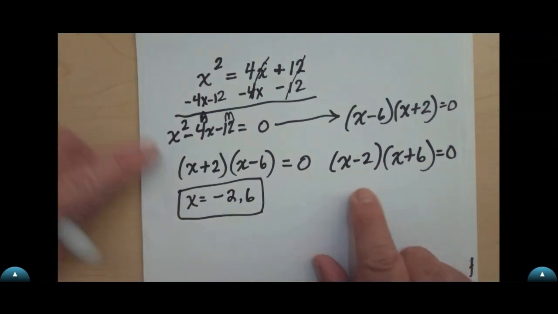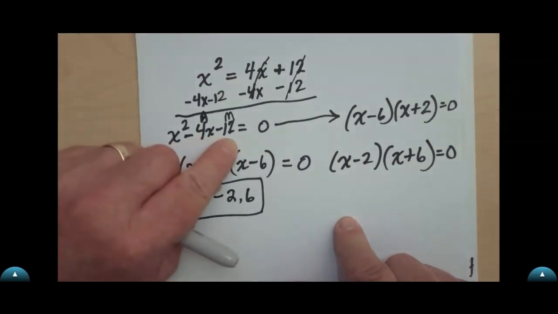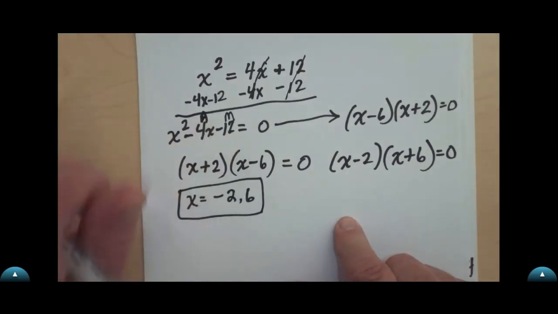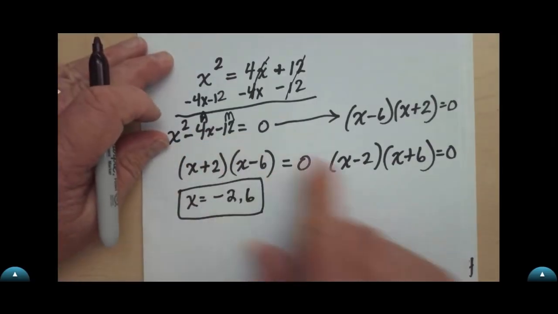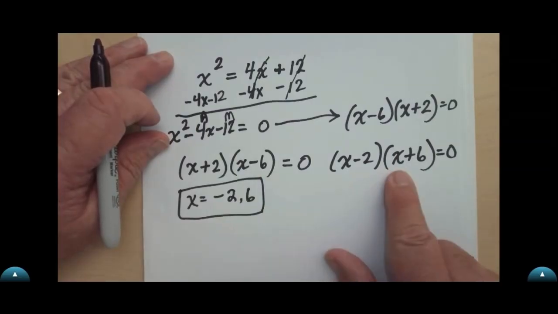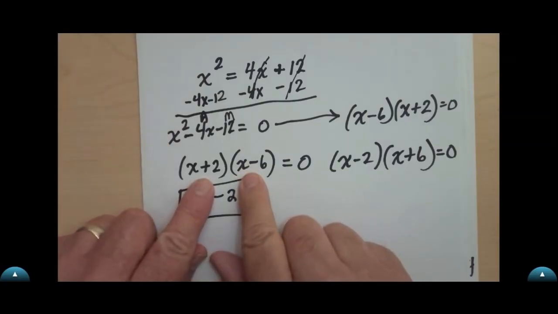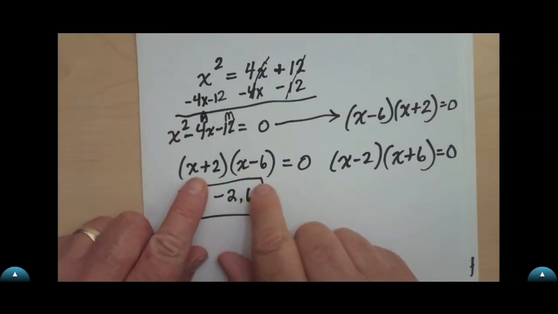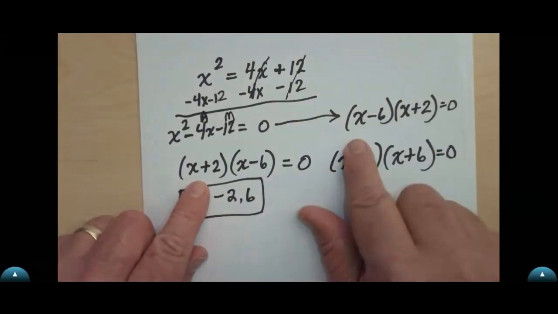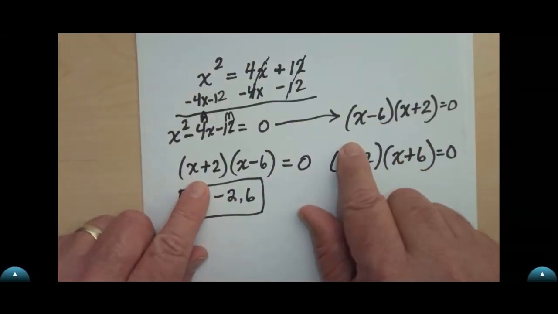That's the correct way to factor x squared plus 4x minus 12. And if you factored it this way, you'd get +2 and -6 for your solutions, right? But those aren't the solutions. It's -2 and +6. So the point I'm making is the signs here really matter, but which factor goes first and which factor goes second does not matter.